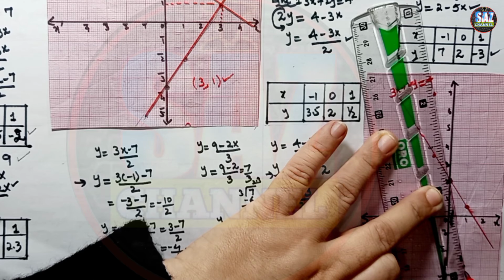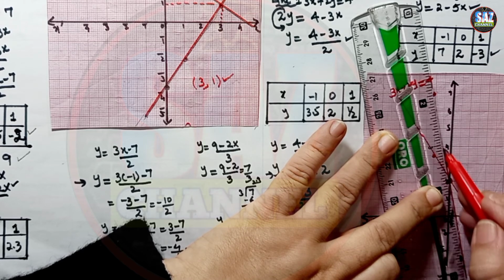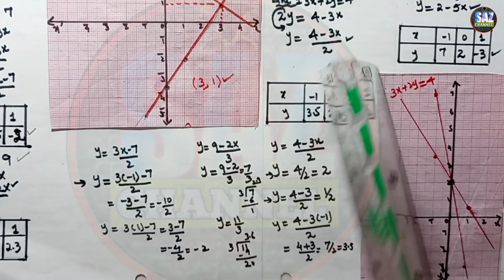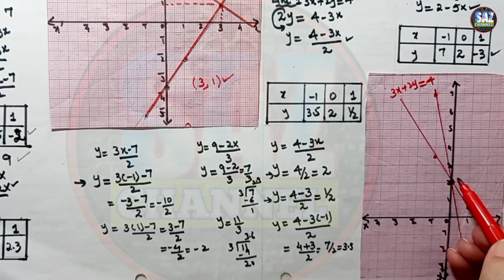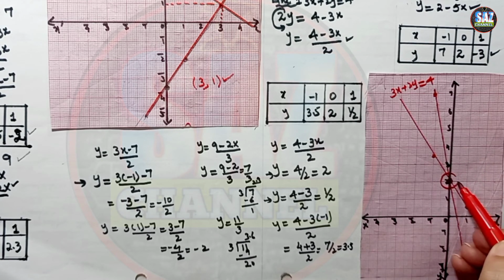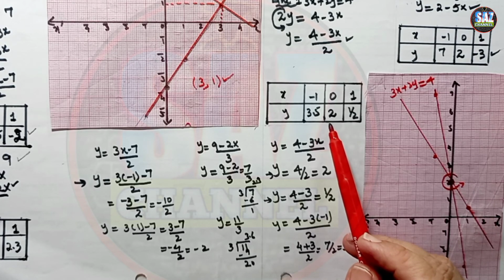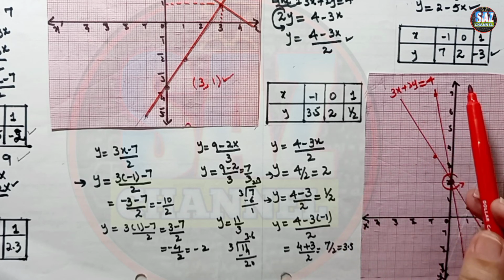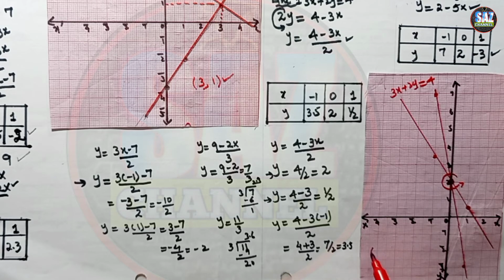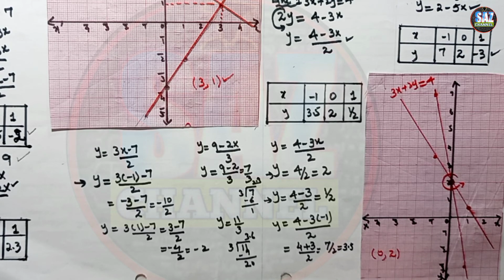Pass the line carefully, and see at what point both the lines are cutting or meeting each other: 0 and 2. Even if we look at the table values, 0 and 2 is the common point. So the solution for this situation will be 0 and 2, x value is 0 and y value is 2.